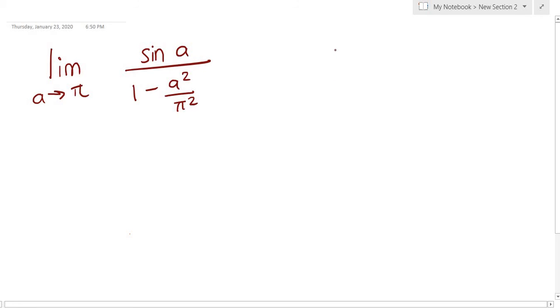So firstly, I wanted to make a substitution, change the variables, because a is tending to pi. I want something to tend to 0 here, so that we can clearly apply the identities later on.